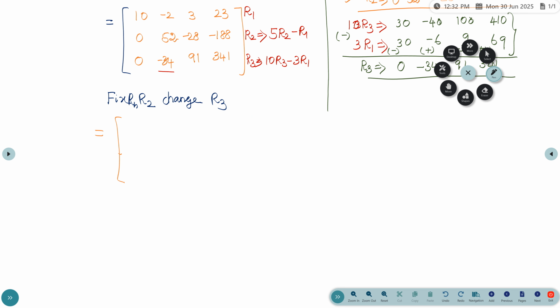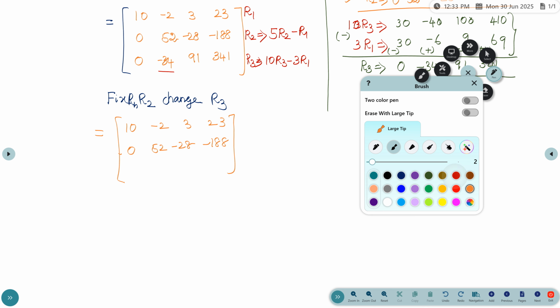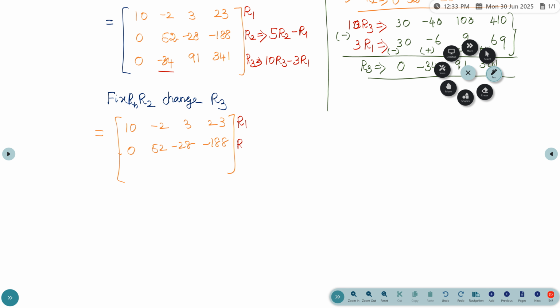From the first step, we get the first row as it is: 10, minus 2, 3, 23. Similarly, the second row is 0, 52, minus 28 and minus 188. Now we are going to change R3 only.